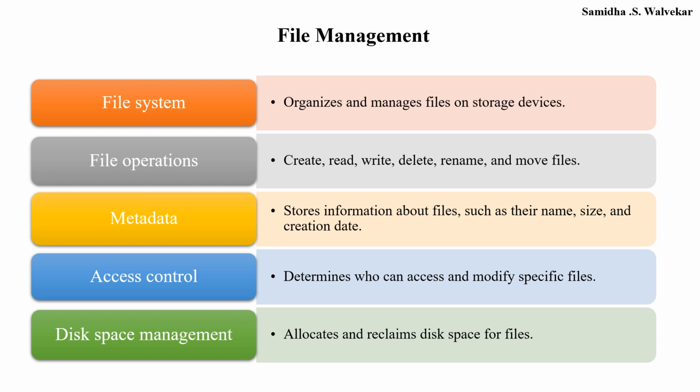File management includes organizing, storing, and retrieving the data on the storage device, managing file system, directories, and file access, that is access control. So for example, whenever a user saves a document, operating system determines where the file will be stored. It manages the file permissions, so that only the authorized users can access or modify those specific files.